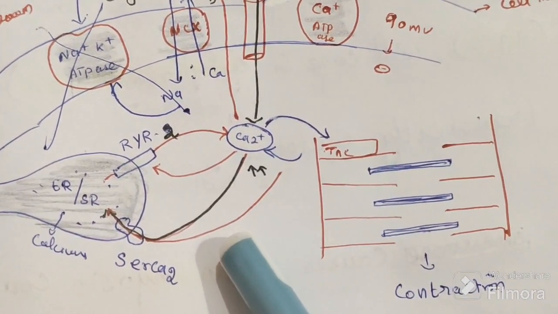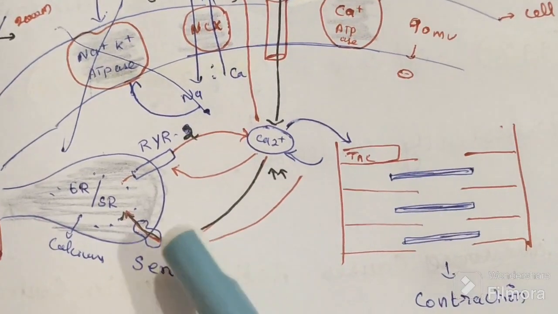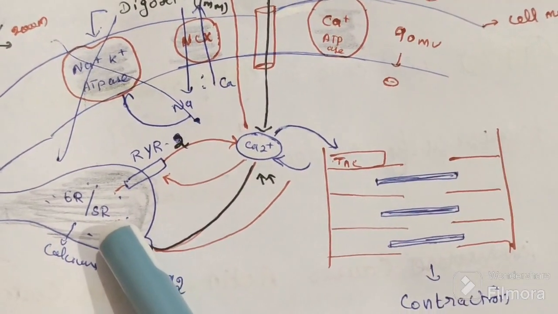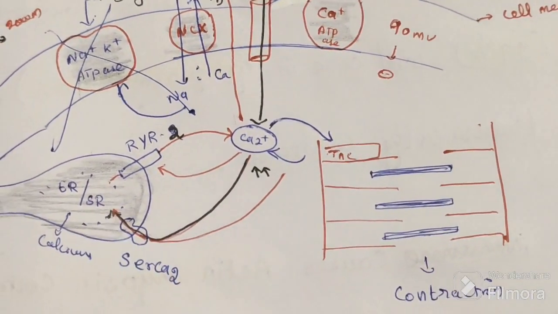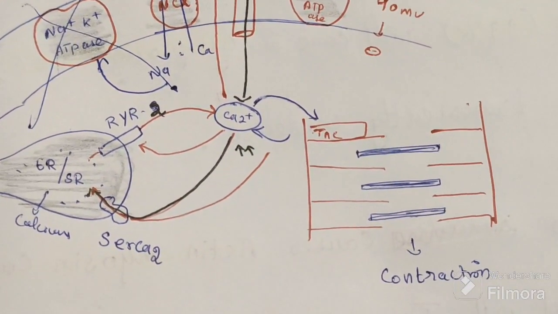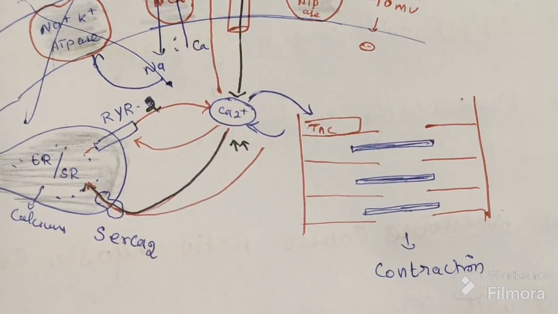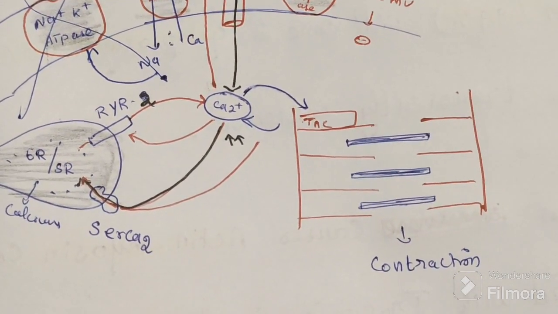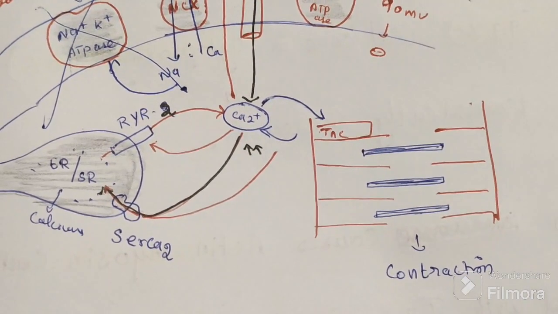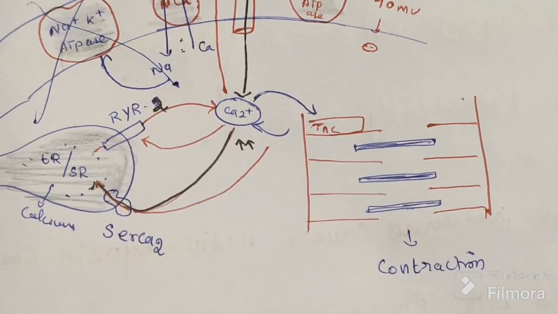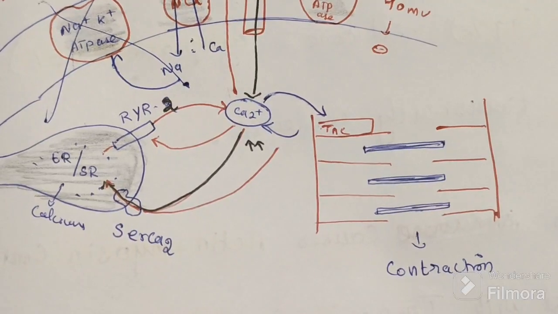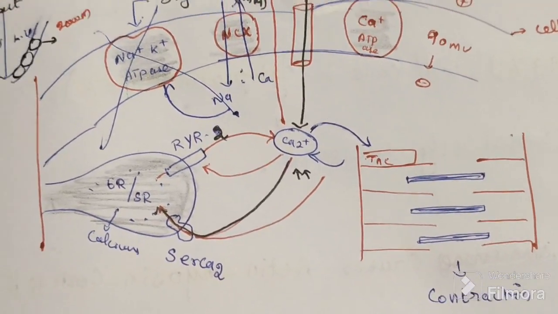Now this 1% calcium will again go with the help of RYR, it will go inside. Again it causes systole. 1% will be trapped inside the cell only, so that will again go to the RYR receptor and again cause systole. So systole is exaggerated, intense, prolonged, and this is the mechanism of inotropic drugs.